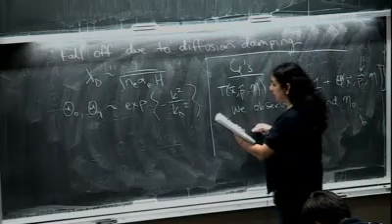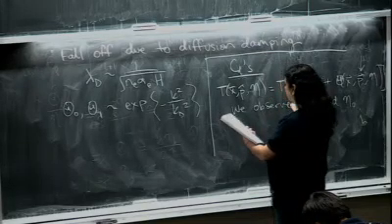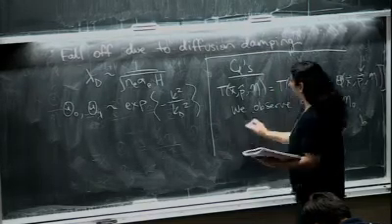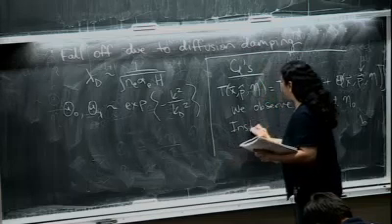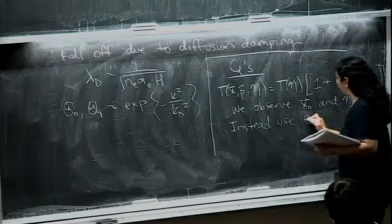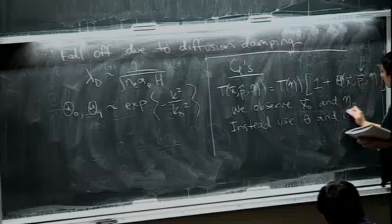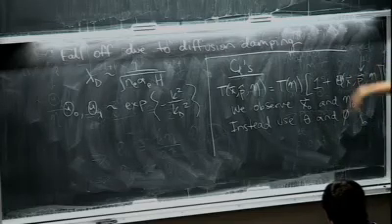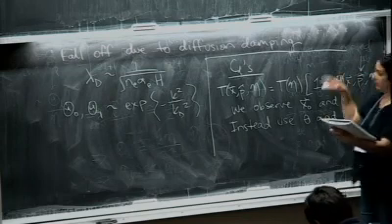So instead of these variables, we can use theta and phi, right? Because all we care about is the direction that the photons are coming in.